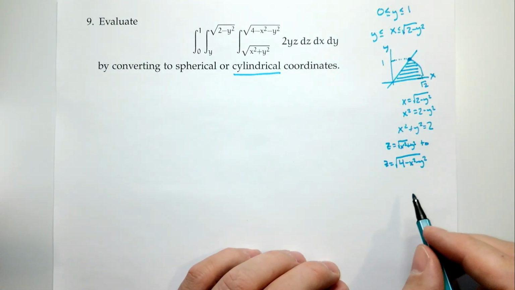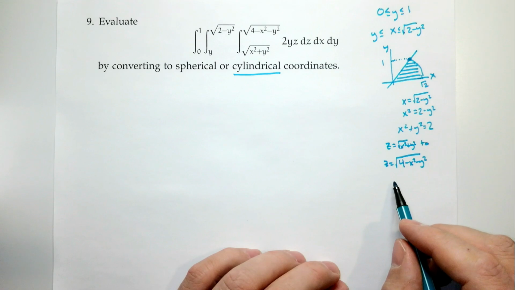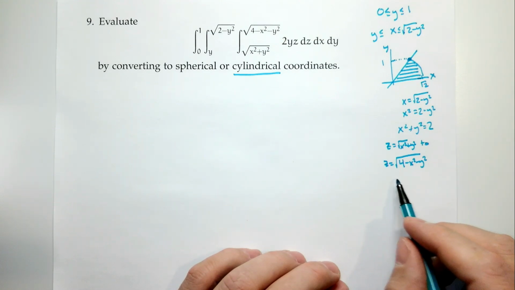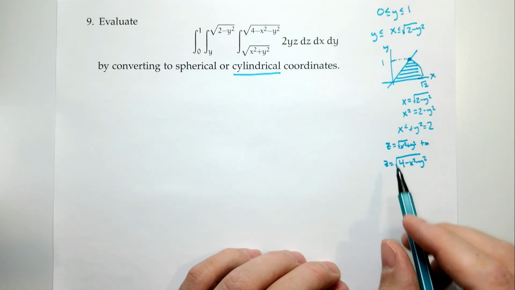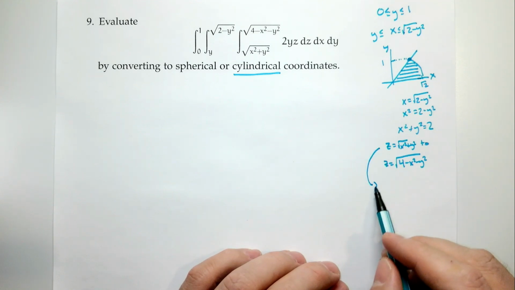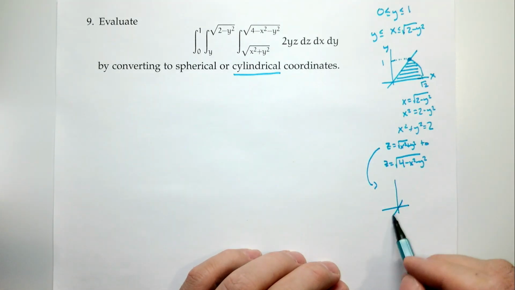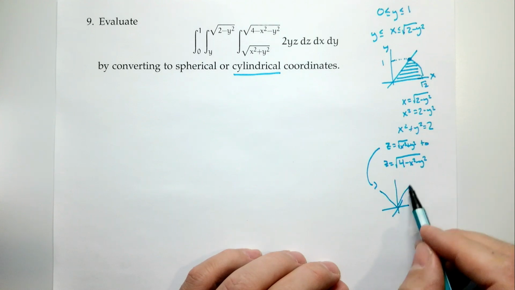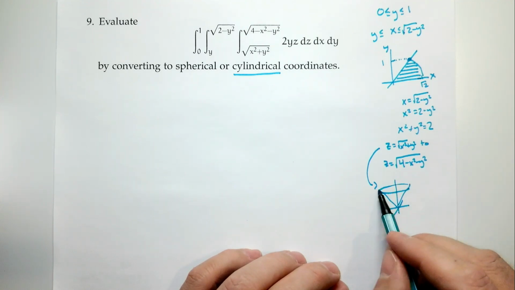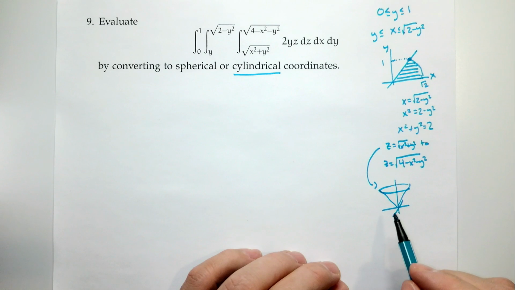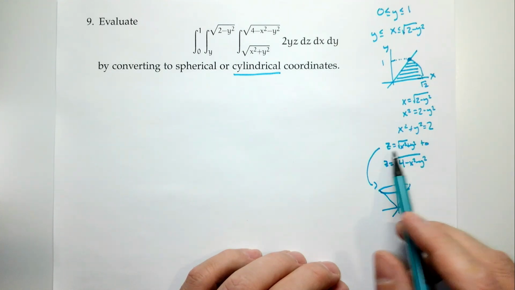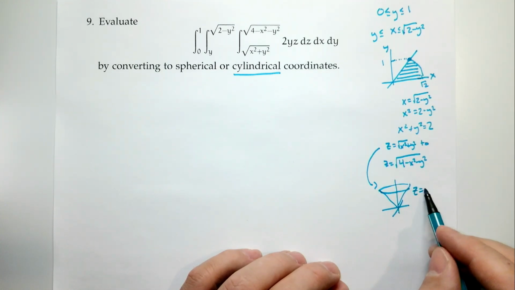So, how do we understand that shape? Well, let's try this. First off, z equals the square root of x squared plus y squared. That's not so bad. That's a cone, right? Yeah, it is a cone. So that's z equals r. It's another way to say this.